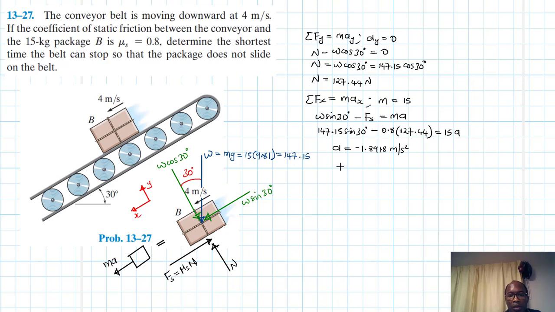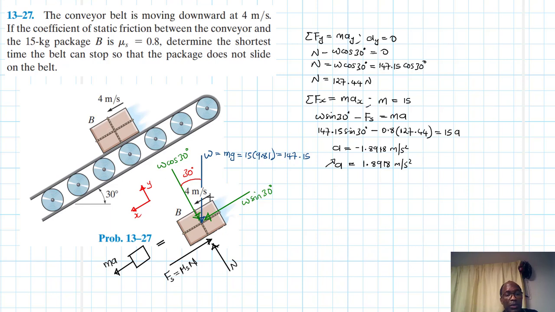Or our acceleration is on the other side, in this direction like this, and is equal to 1.8918 meters per second squared. So that is our acceleration.